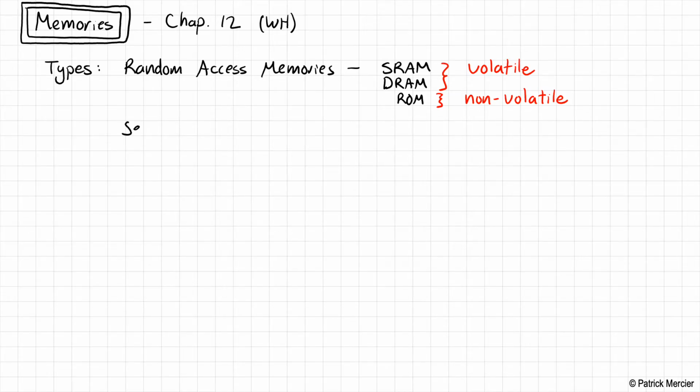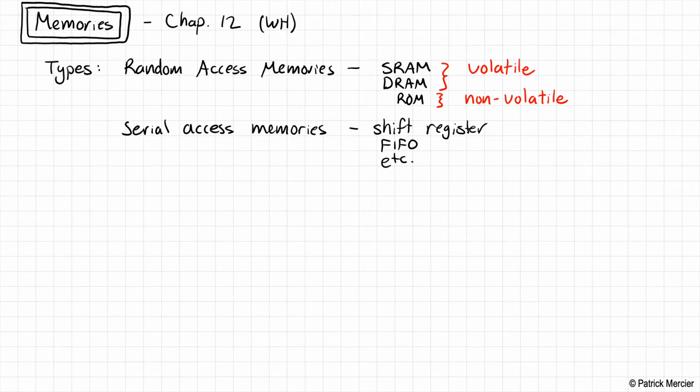Then there's other types of memories that can be accessed differently. There's serial access memories. Random access memories imply that we can access any individual unit within this memory at any time. We don't have to go through a special procedure where we access other units before we do that. That's in contrast to a serial access memory, for example, like a shift register, a FIFO, first in, first out queue, etc. In these, we serially access the memory.